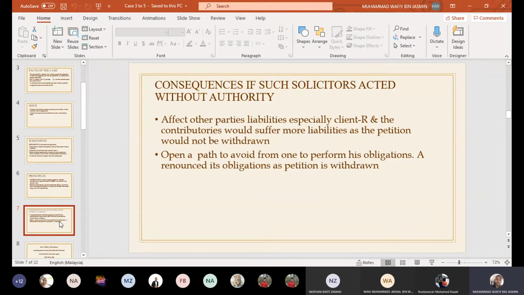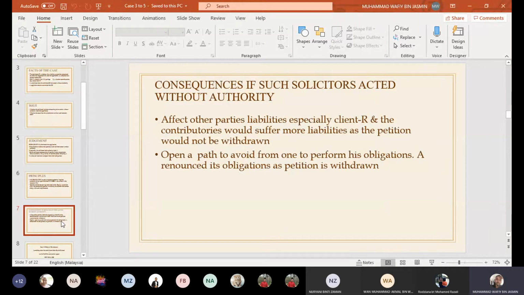And one more thing the court stressed in this case is that this kind of ground can open a way for people to avoid performing their own obligation.